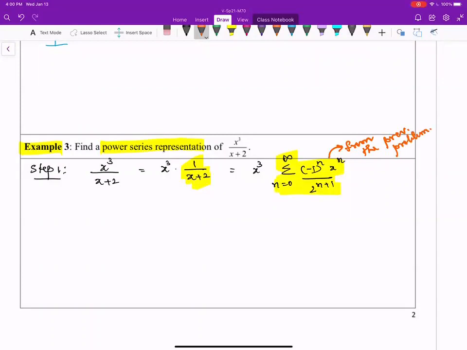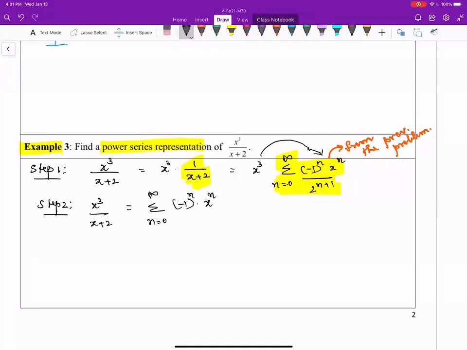So if I collect all, we also know when it converges. Then we can take this x cubed along with the x to the power n over here. So x cubed over x plus 2 is equal to sigma, n varying from 0 through infinity, negative 1 to the power n.